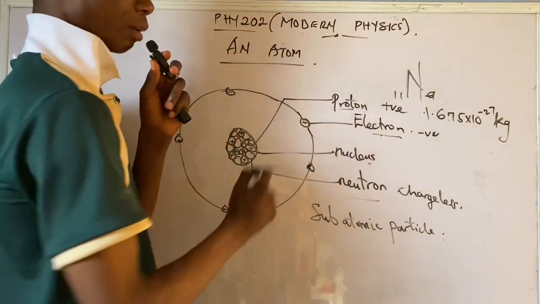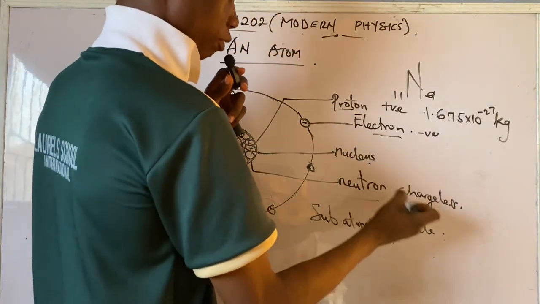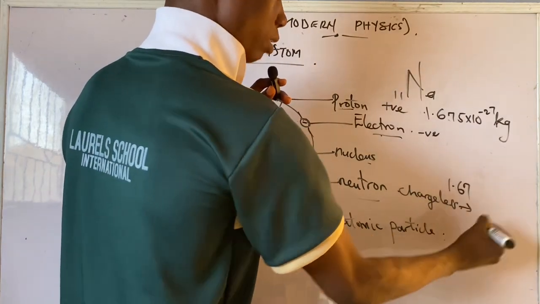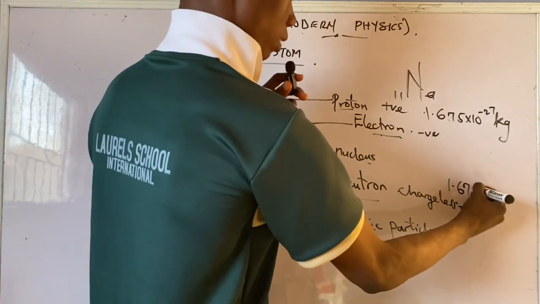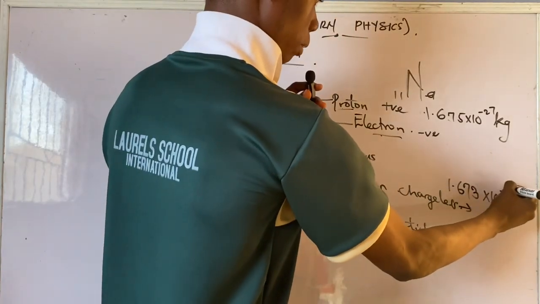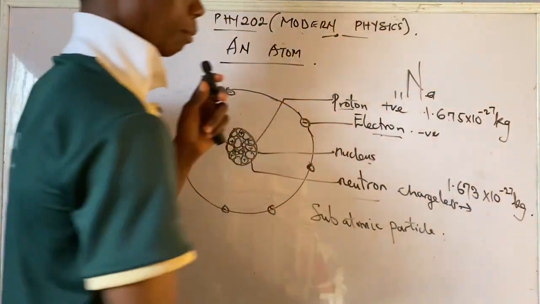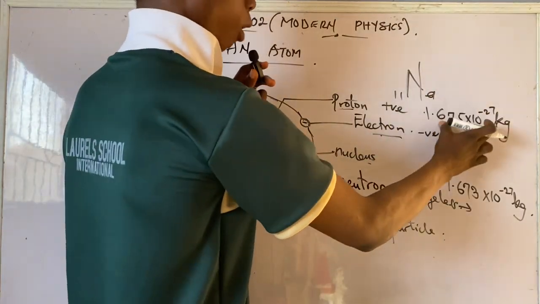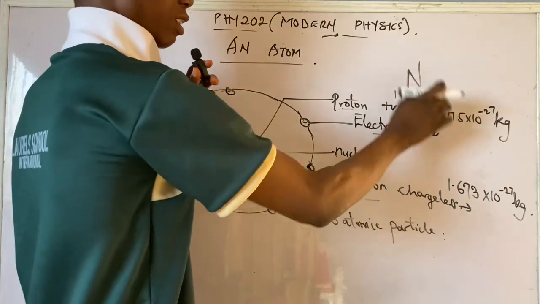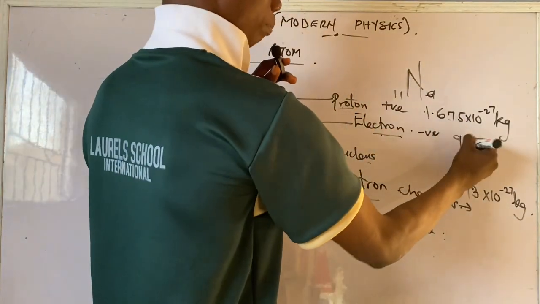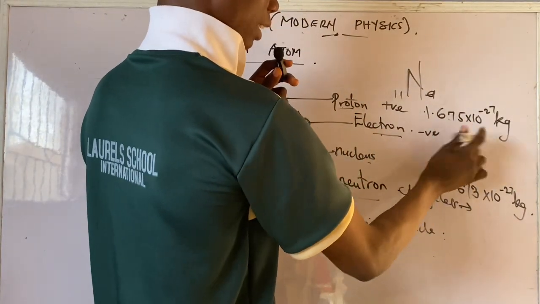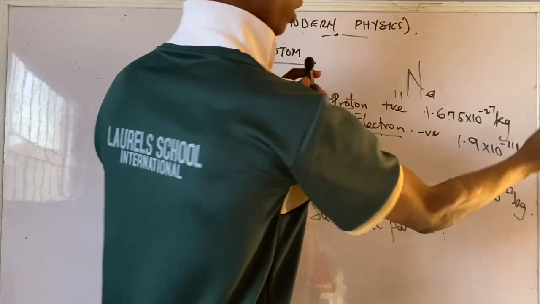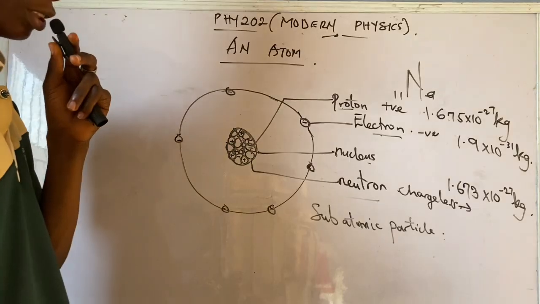The mass of the neutron is approximately the same as the proton, 1.675 times 10 raised to power minus 27 kilogram as well. While the mass of the electron is 1 over 1840 times this mass, which is about 9.1 times 10 raised to power minus 31 kilograms.